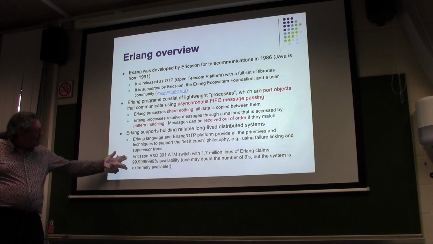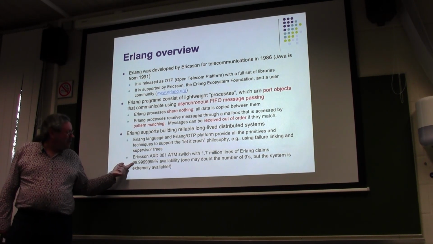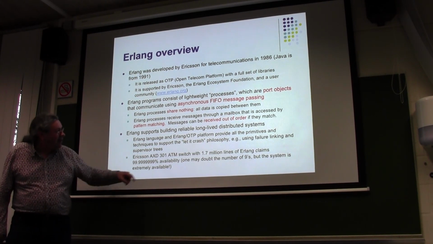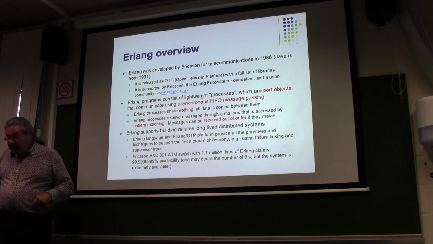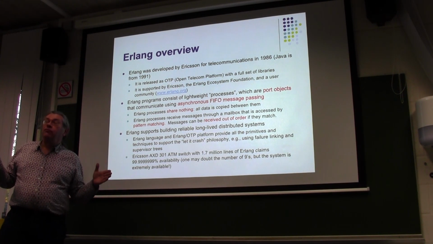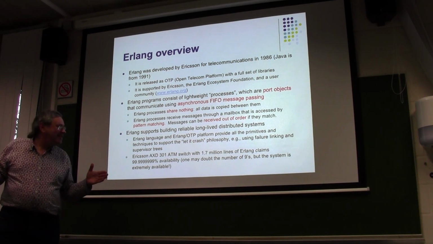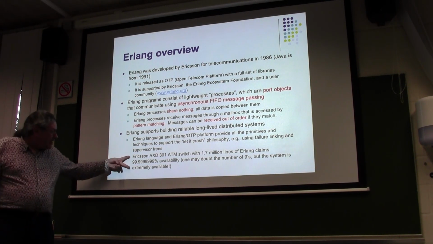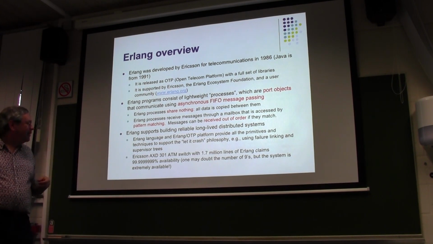That's kind of a very extreme claim, because that would mean, so there's 9 nines here, that would mean that over 1 year, the system would only be down for 30 milliseconds per year, because a year is 30 million seconds. That is kind of unbelievable.